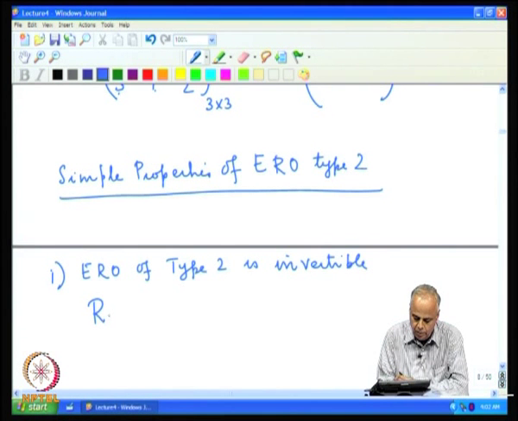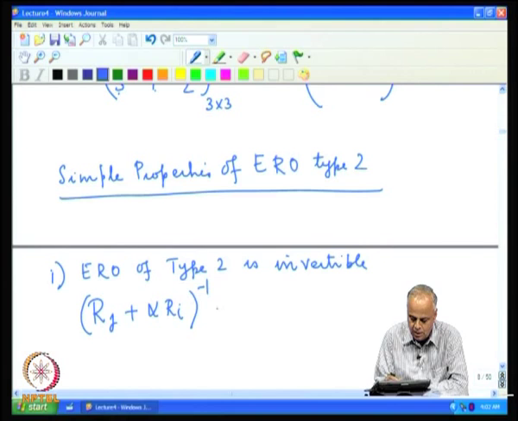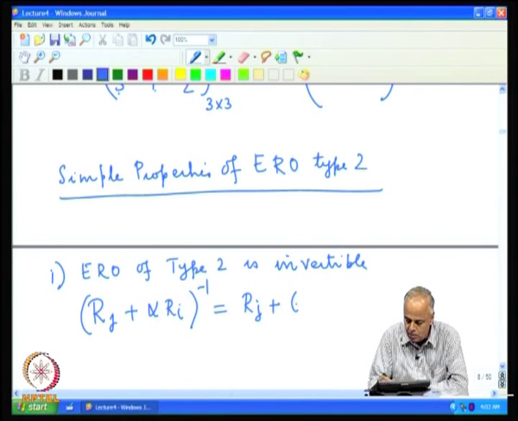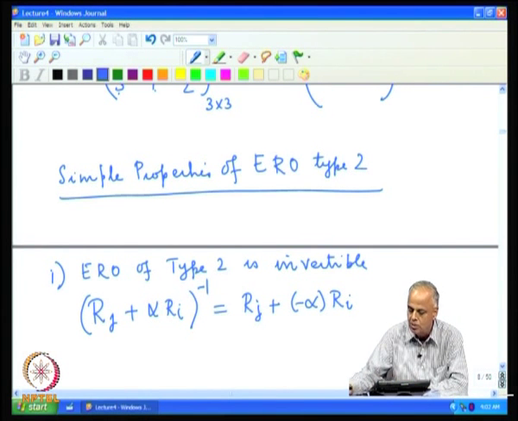That is, if we have Rj plus alpha Ri, to reverse that process, from the jth row whatever was added must be removed now. So, it should be minus alpha times Ri.